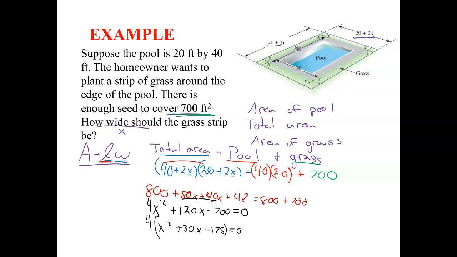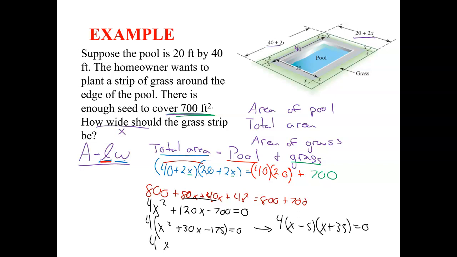Factors of negative 175 that add to 30. Not 30, 35. 35, there you go. So I've got x minus 5 and x plus 35.